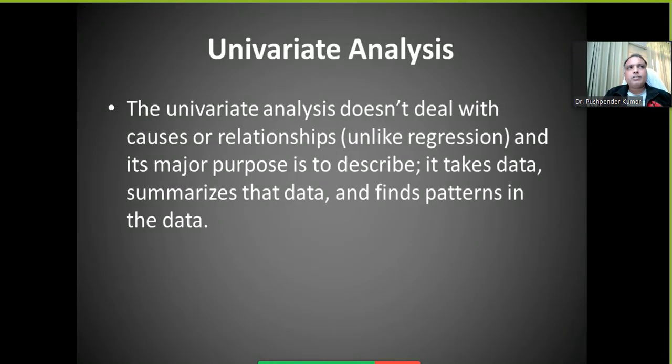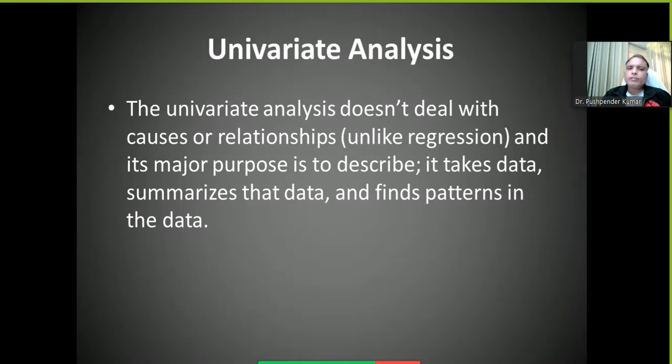Now let us continue with univariate analysis. Here, when you have just one variable, you cannot say that it has some relationship with another variable, or that it is going to affect or be affected by some other variable. No, we can't do that, because here we have just one variable.